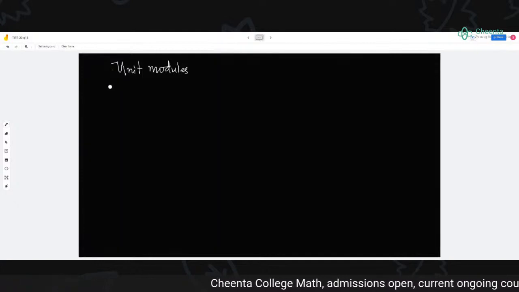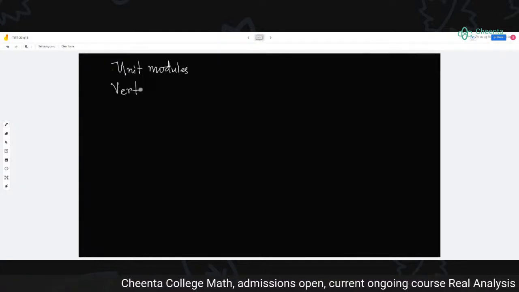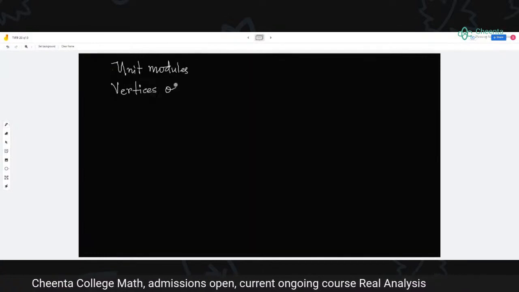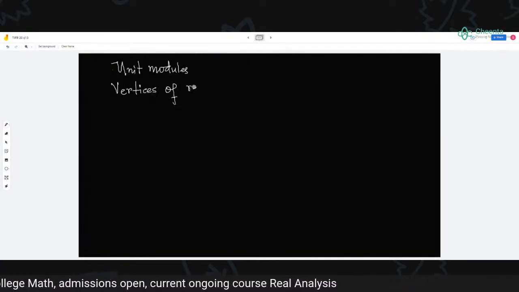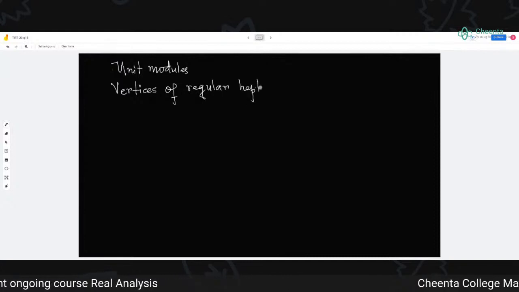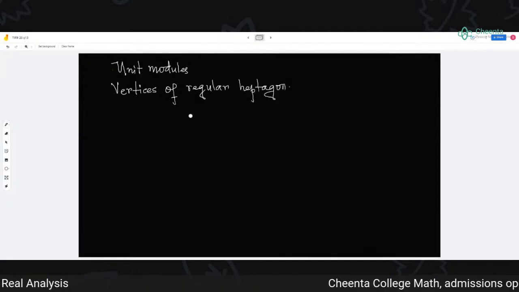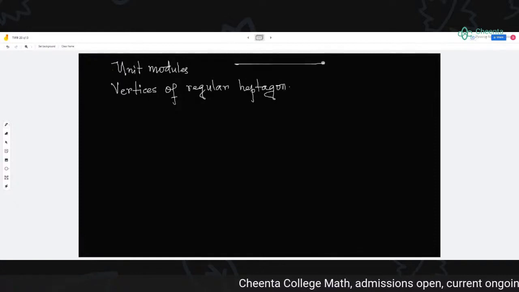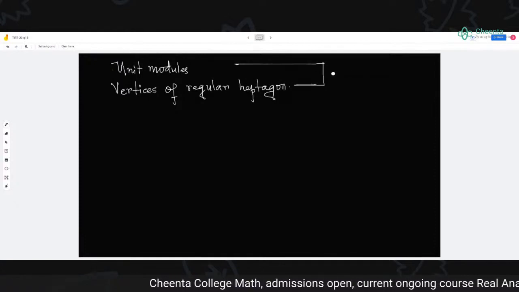and vertices of regular heptagon. So the moment these two things are given, what does it mean geometrically?